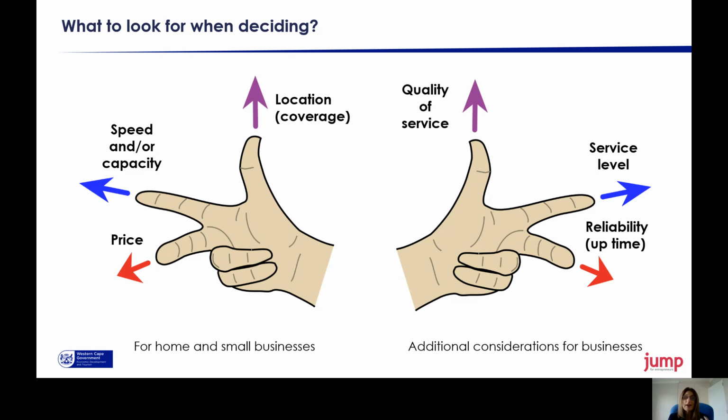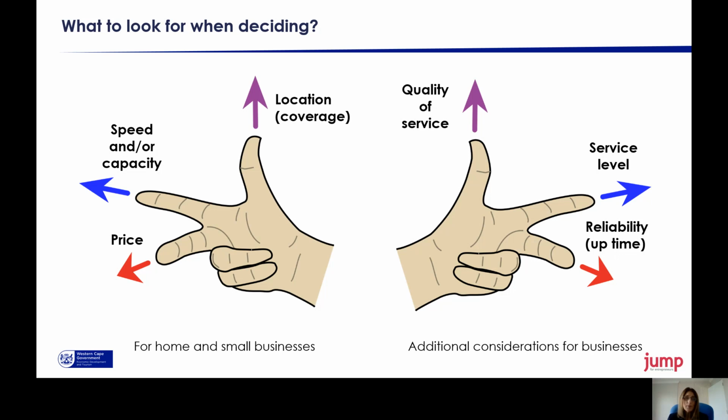Is that option available where you are operating your business? And some of the other things you need to look at, especially from a business perspective, is the quality of service and the service level agreement with your service provider. So how reliable is their service?